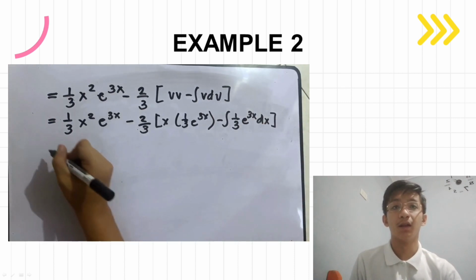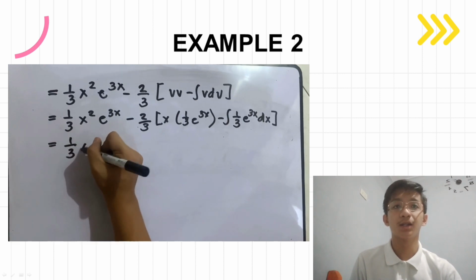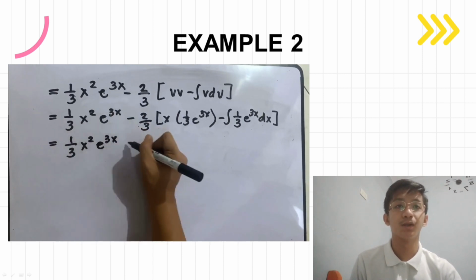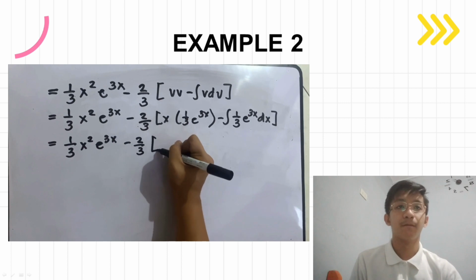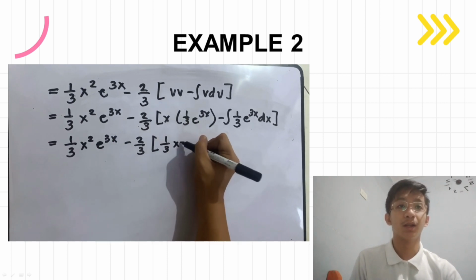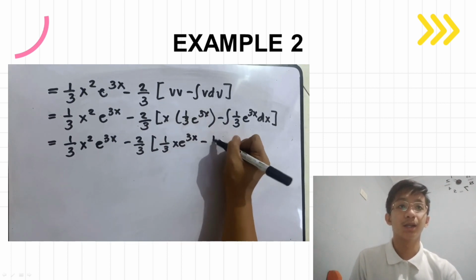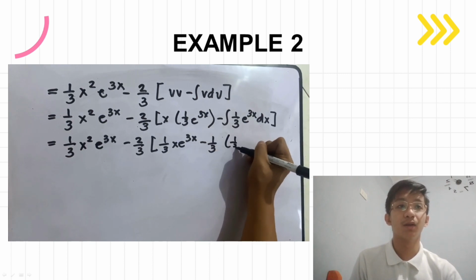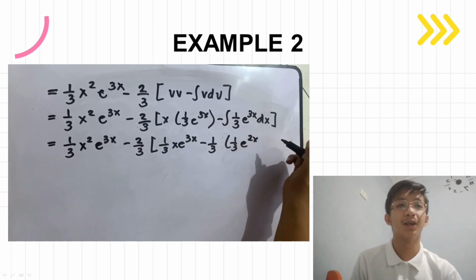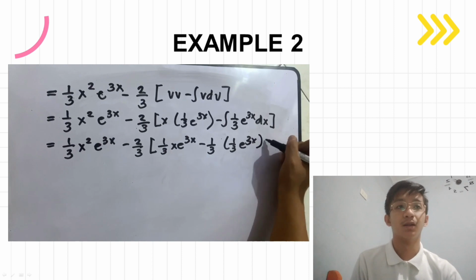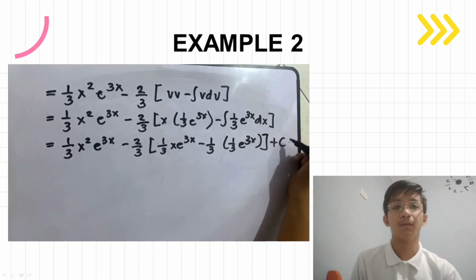Simplify it again: 1/3 x squared e^(3x) minus 2/3 times 1/3 x e^(3x) minus 1/3 times 1/3 e^(3x). And don't forget the c for the constant.